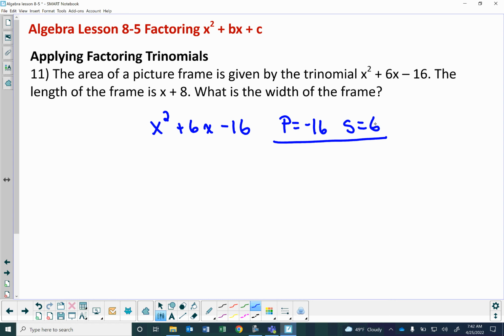Okay, if my product is negative and my sum is positive, the larger of my two factors has to be the positive factor. Since I know 8 has got to be one of the factors because they told me that, I'm thinking of negative 2 times 8, because negative 2 plus 8 is positive 6. So I'm going to have x minus 2 times x plus 8. That works, and we already had x plus 8 being the length, so the width of this frame has to be x minus 2.